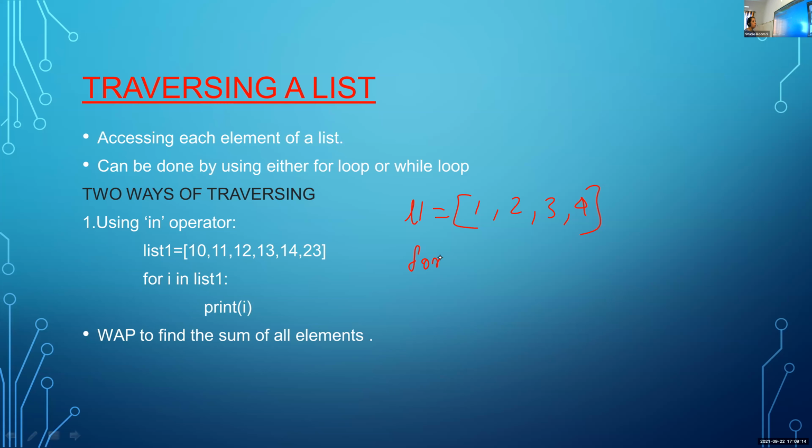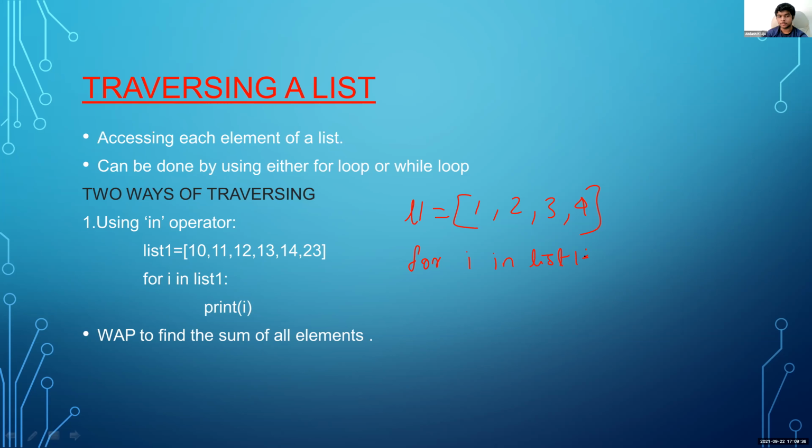Anyone? How can we write the for loop? Anyone? Ma'am, for I in list1. For I in list1. Correct, Abhilash? For I in list1.